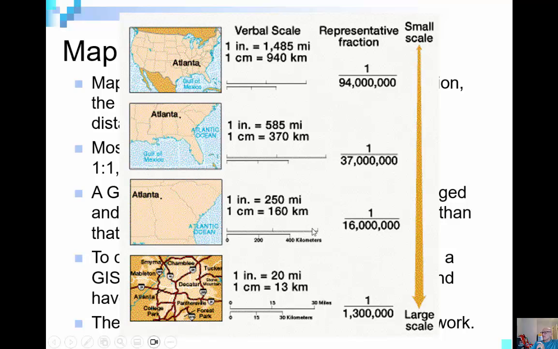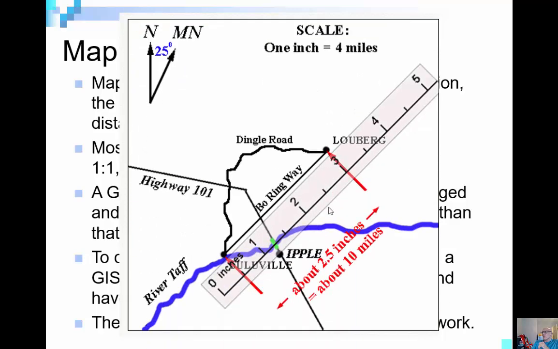It's equal to approximately 250 miles. So we know that 1 inch equals 250 miles on this particular map. Every once in a while, you'll see maps at 1 to 63,360, depending upon what you want to map, so that 1 inch on the map equals 1 mile in real life.